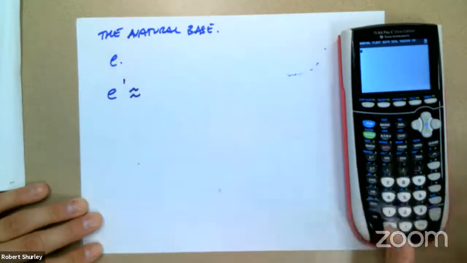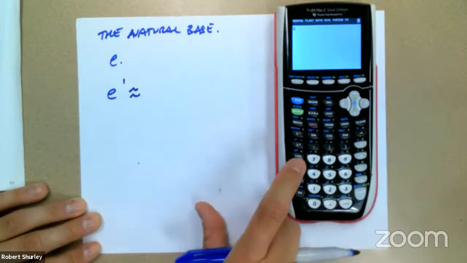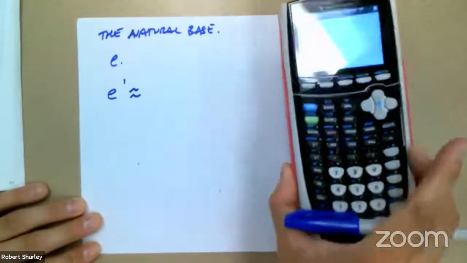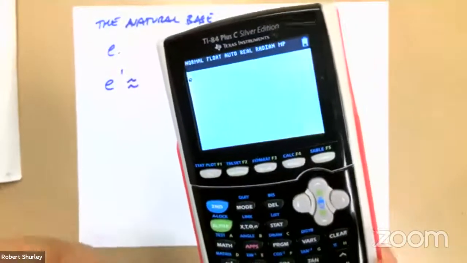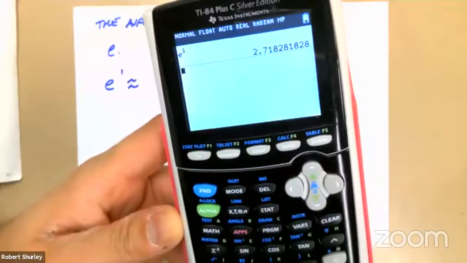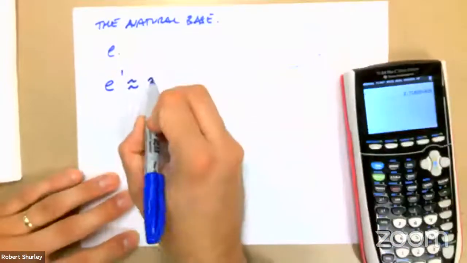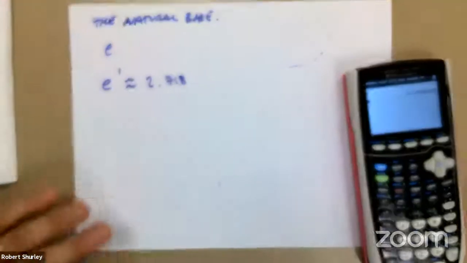This means approximately. So e, you have to hit second and then the ln button, okay? And it'll bring it up. It's hard to see right there. And then if you hit 1, it'll tell you it's 2.718.